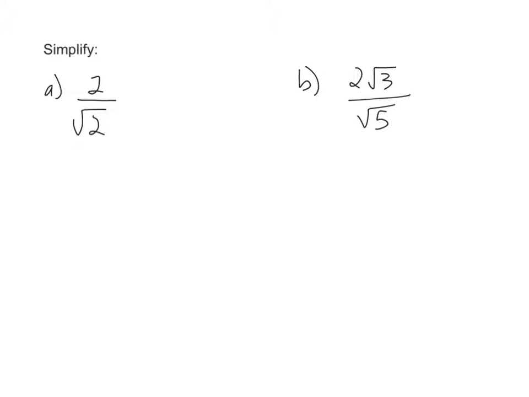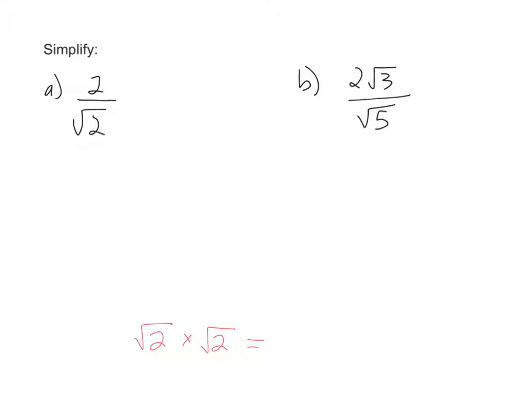So now we need to figure out, how do we further simplify 2 over root 2? We need to get rid of that radical. And we're going to do that by multiplying. If we multiply root 2 by root 2, what do we get?